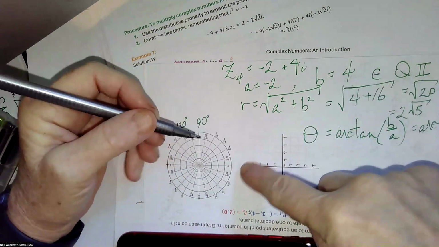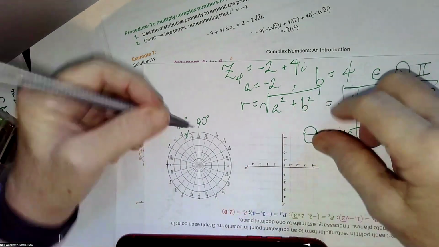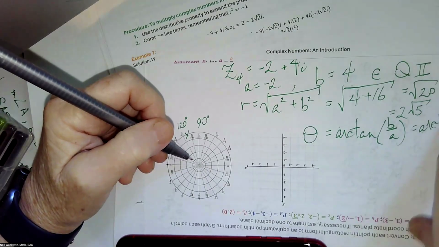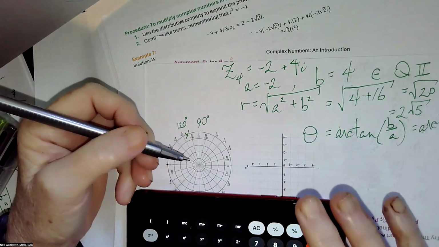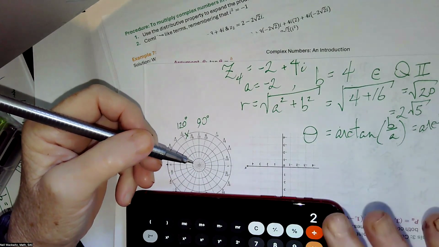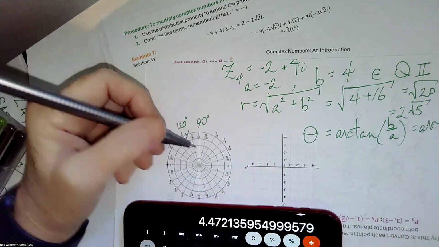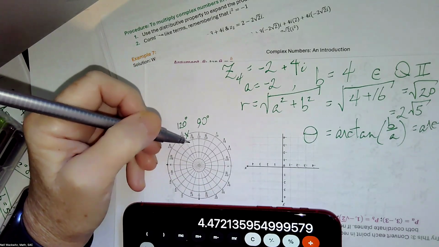So let's see. Yeah, it looks good. And we said that r was 2 square root of 5, which is about 4.5.